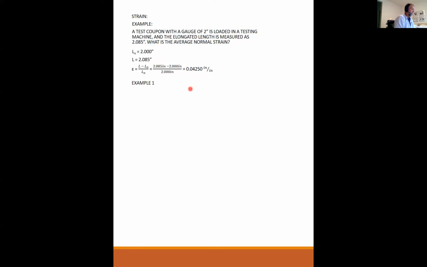And so 1.915 minus 2 divided by 2 is minus 0.0425. So the number would have been the same magnitude, but you would have had a negative on there. And that negative is absolutely essential to tell you that that is in compression, not in tension.